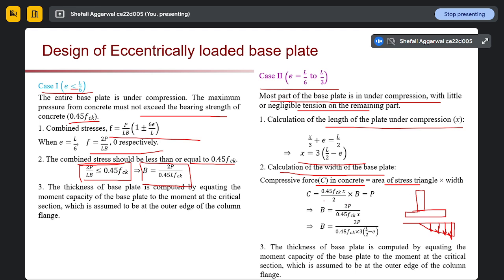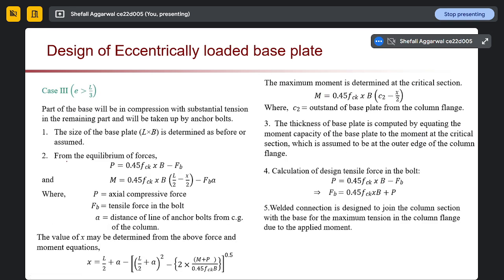The area of the stress triangle is given by 0.45 FCK into X by 2, and the width of our base plate is B. Using this formula, the width of our base plate is 2P upon 0.45 FCK into 3 into (L by 2 minus E). Last thing is again thickness. How will we calculate the thickness of the base plate? We calculate it by equating moment capacity to the moment at the critical section. Same formula.